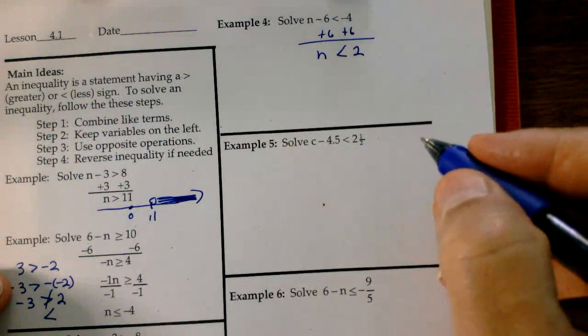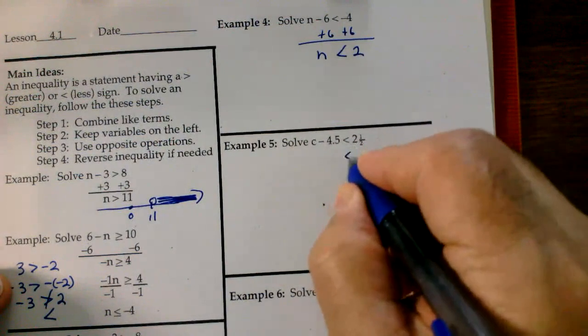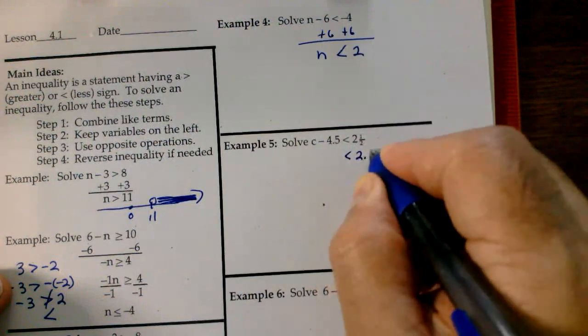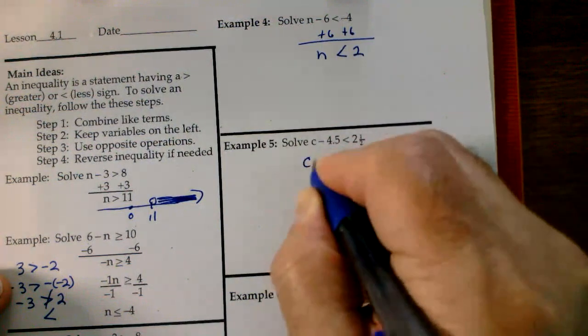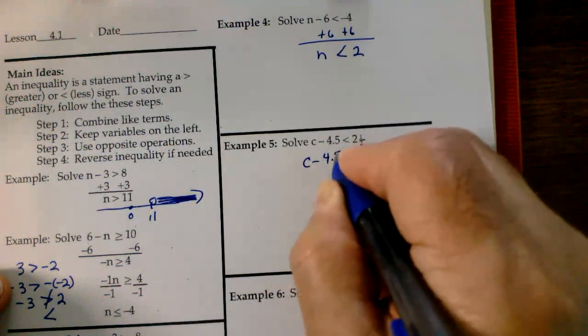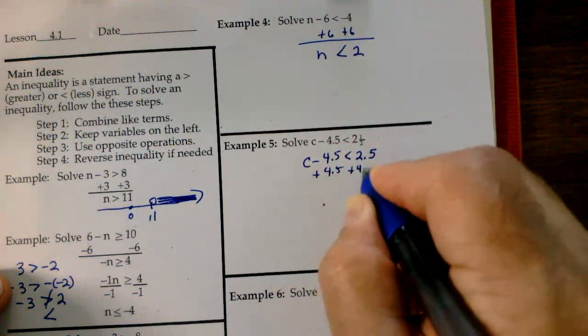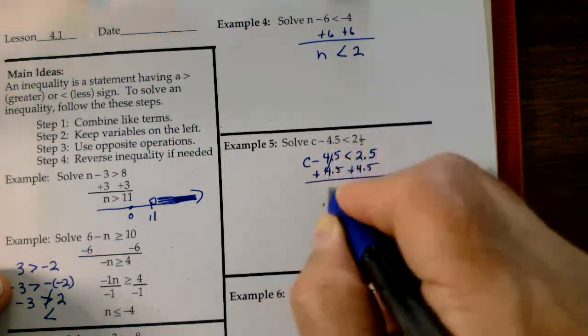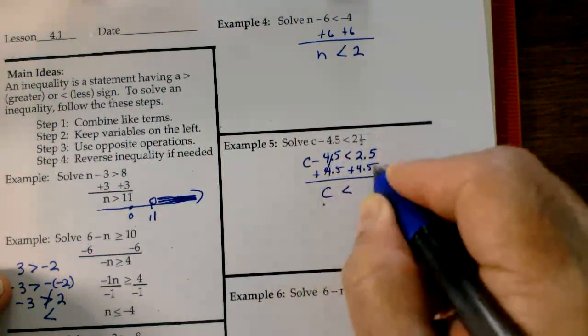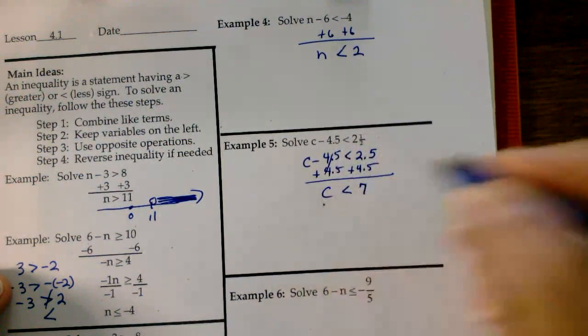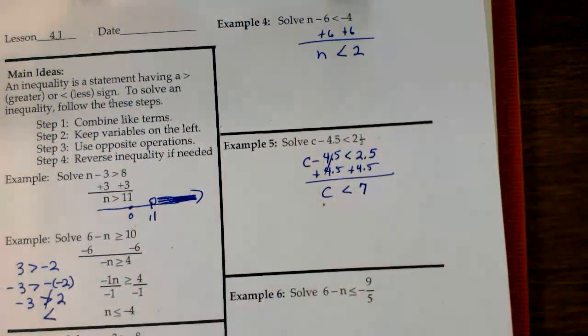You can either go to all fractions or all decimals. To me, it's easier to use decimals. 1/2 is 0.5, so I'm going to use decimals all the way down. Plus 4.5 on both sides, and you get 7.0, or just 7.